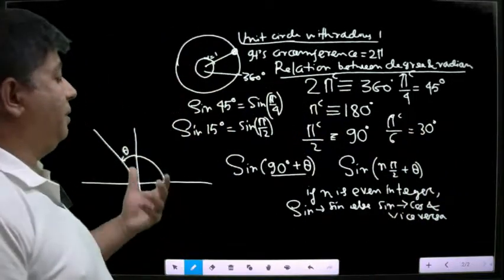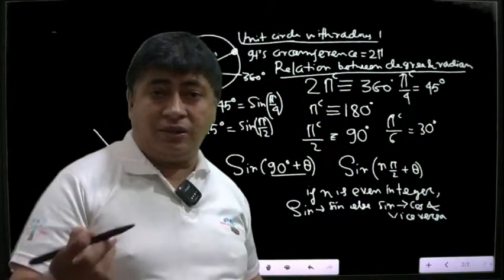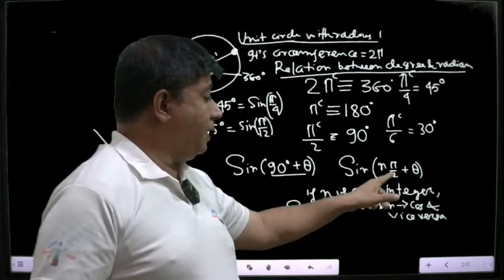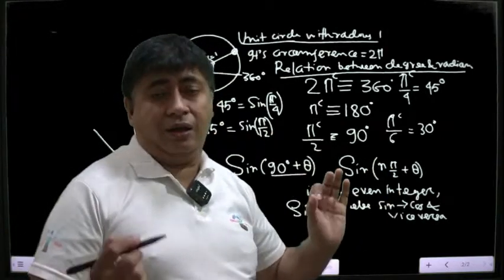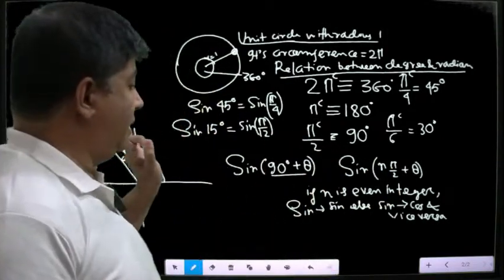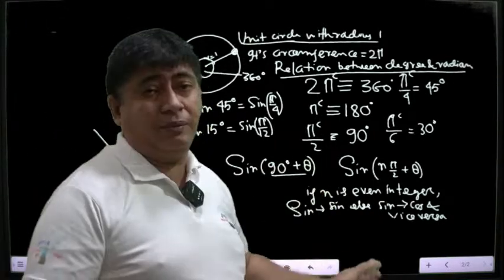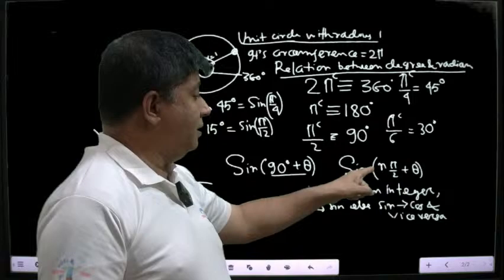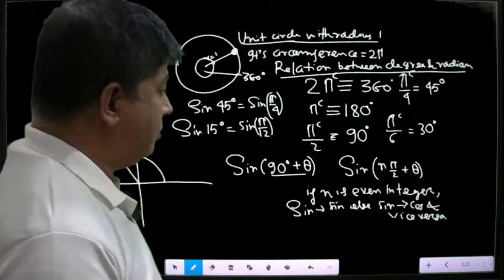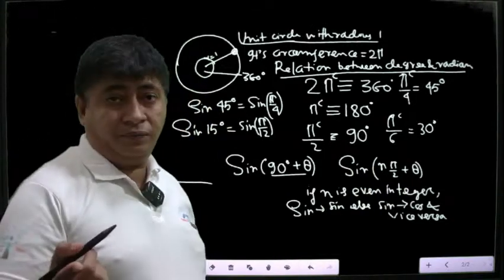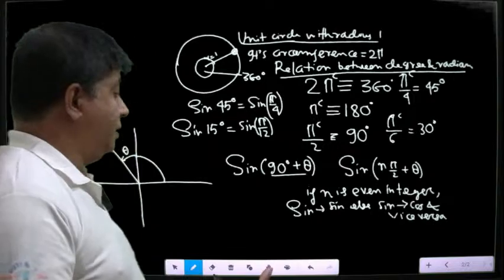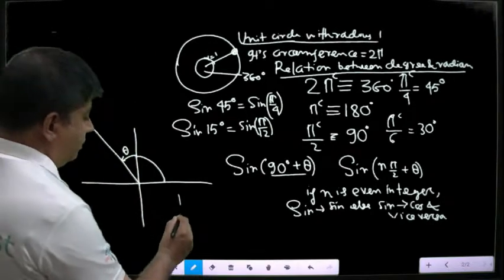Vice versa means in case of cos, if cos of n pi by 2 plus theta is given, then if n is even, cos will remain cos, and if n is odd, cos will change to its complement.